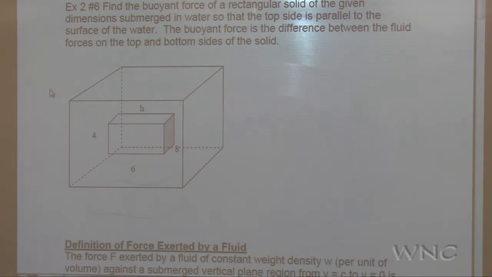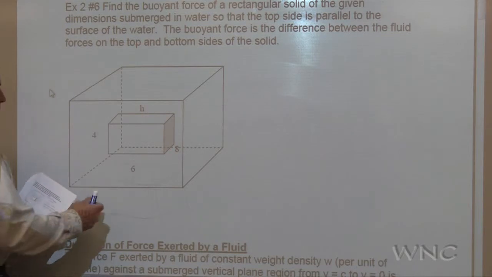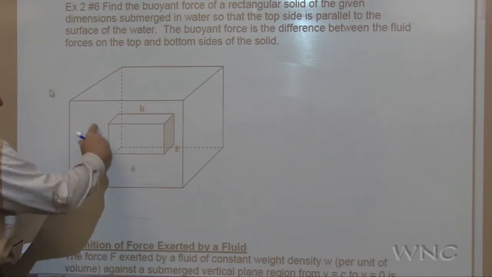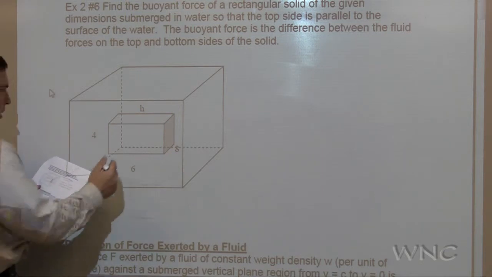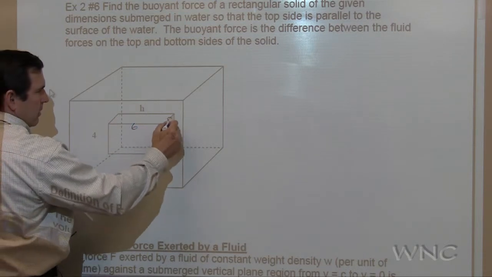So we have this figure, it's 4 feet tall, so the difference between top and bottom is 4 feet. It's not drawn to scale by any means. This is 6 by 8.